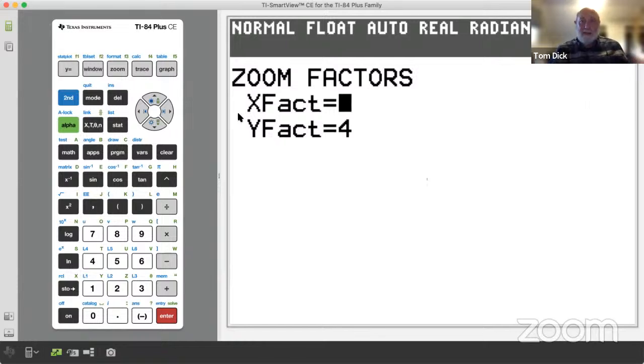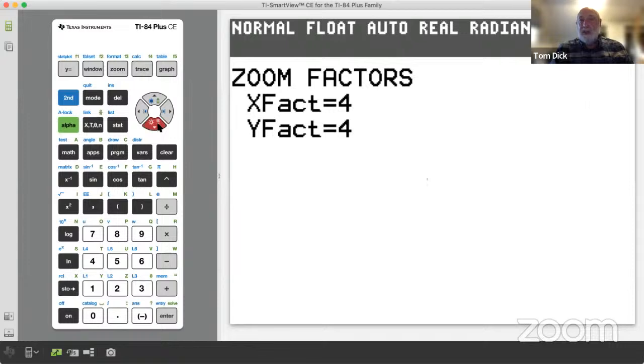Well, if I want to leave my y range alone, not mess with it at all, but zoom out just horizontally in the x direction, what I can do is change the y factor to 1. Now that's not going to change my y range at all when I do things like zooming out or zooming in.